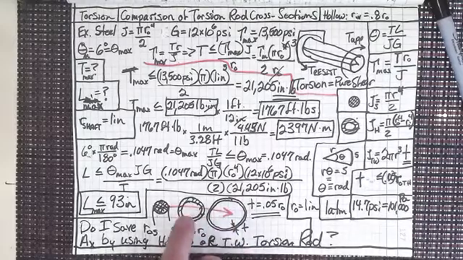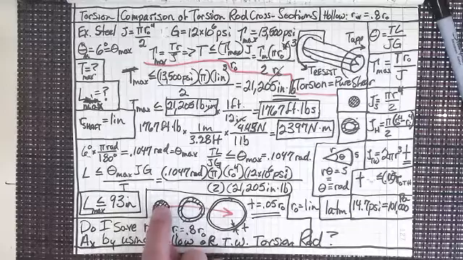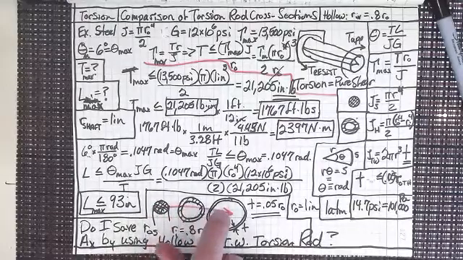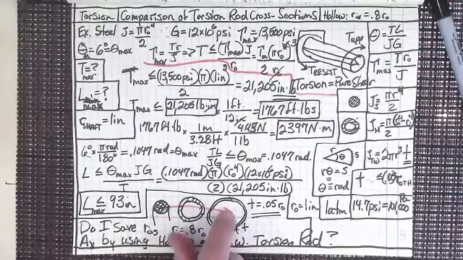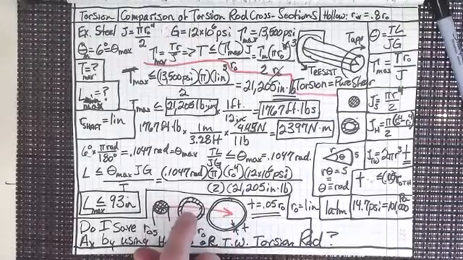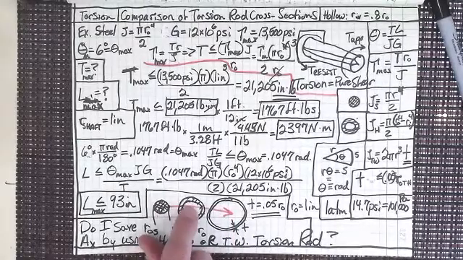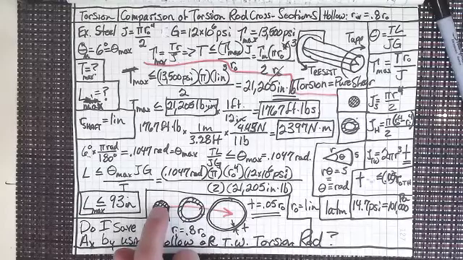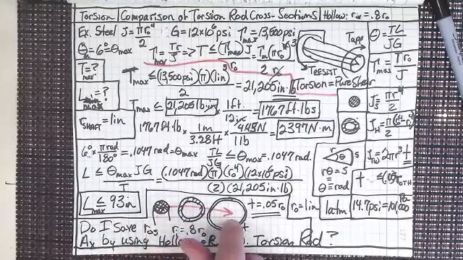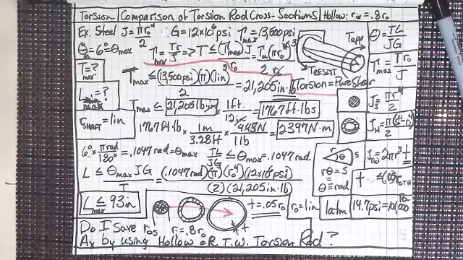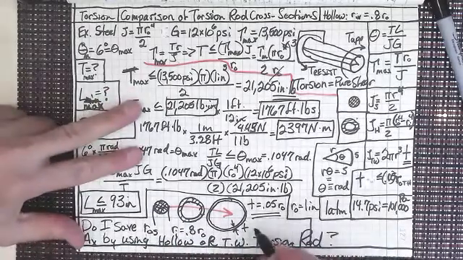Now notice all these outside radii are not the same, are they? The outside radii of this is much larger than the outside radii of this, is much larger than the outside radii of this. So the radii are getting larger, but the cross-sectional areas are going down.